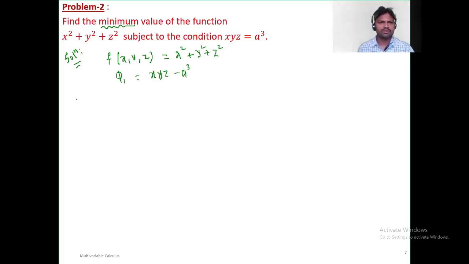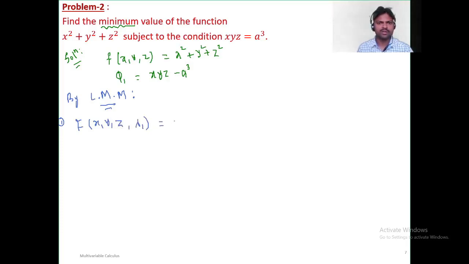So by Lagrange's method of multipliers, LMM, I need to construct the auxiliary equation. First point is the auxiliary equation. So what is that? F of x comma y comma z, three variables, and how many constraints? Only one. Therefore one Lagrange's multiplier, lambda 1.